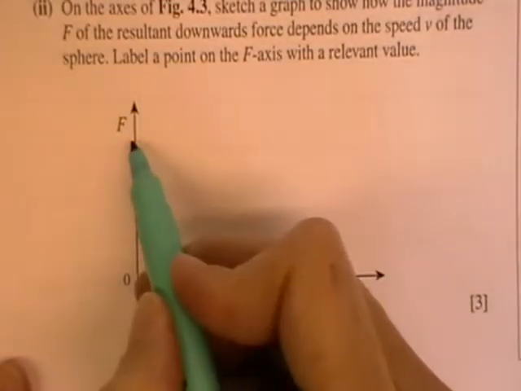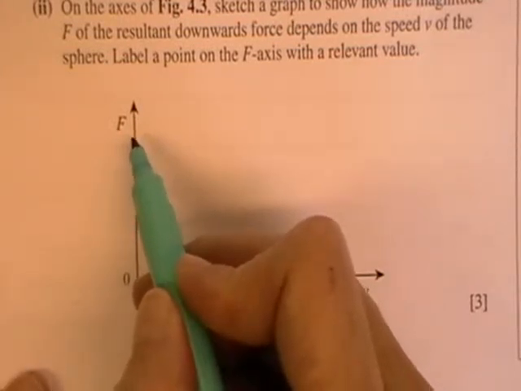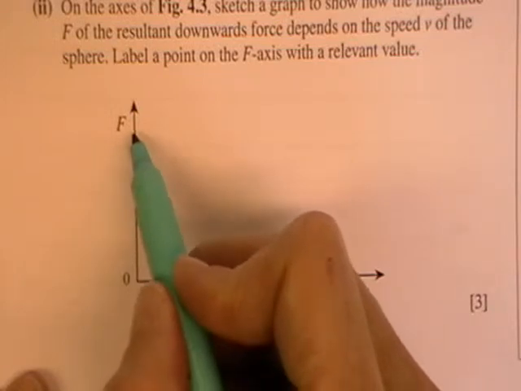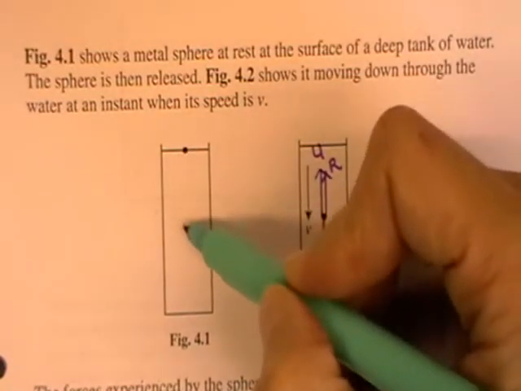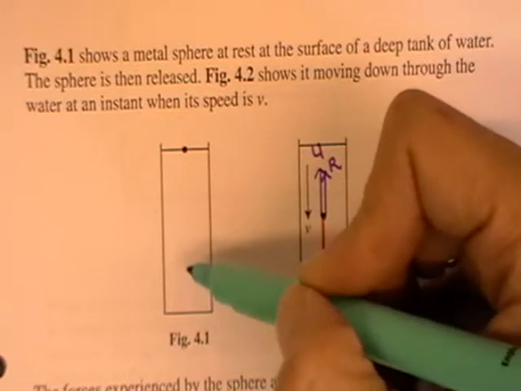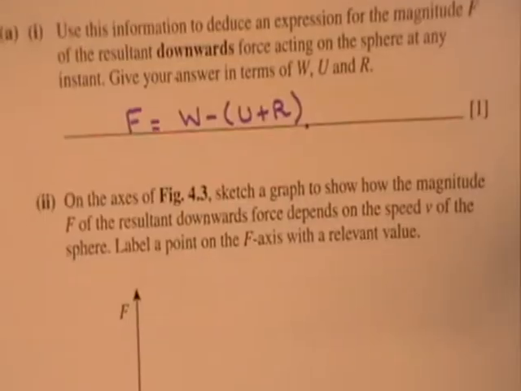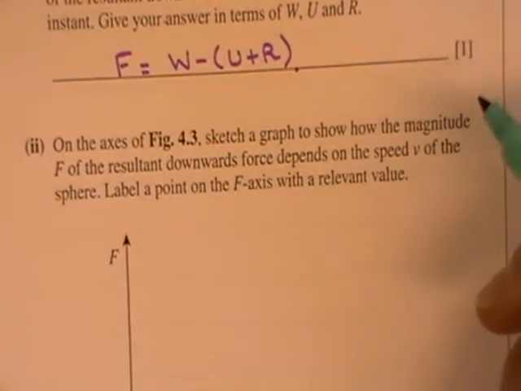It's going to start off at a value where the resultant force is equal to w minus u, because there'll be no r force there. So initially when the ball goes into the water, it's going to experience w down, but there'll always be this u force acting upwards the minute it hits water, but there won't always be this r force.